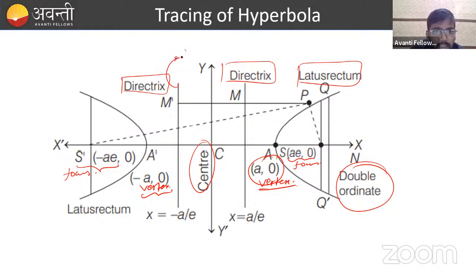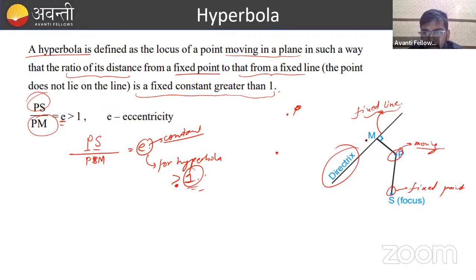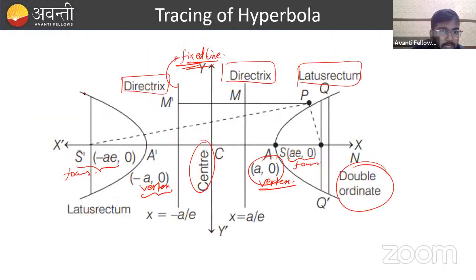Here, directrix is that fixed line, right? In this definition, this is the directrix, that fixed line from which the distance of the moving point on this hyperbola is calculated. And then the center of the standard hyperbola is 0 comma 0.